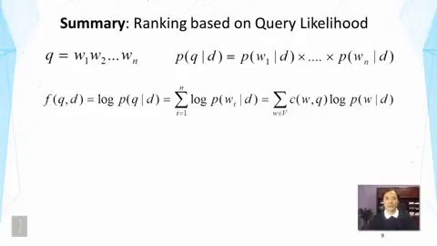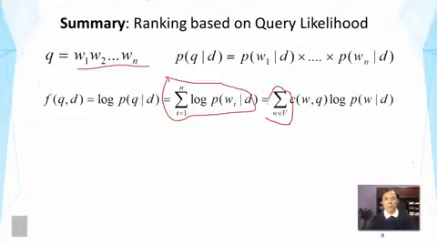And inside the sum, the value is the log of the probability of this word given by the document. And then we can further rewrite the sum into a different form. So in the first sum here, we have it over all the query words, the n query words. And in this sum, we have a sum over all the possible words, but we put a count here of each word in the query.